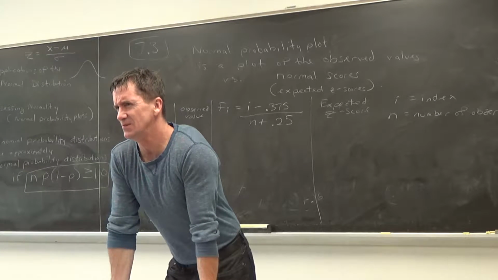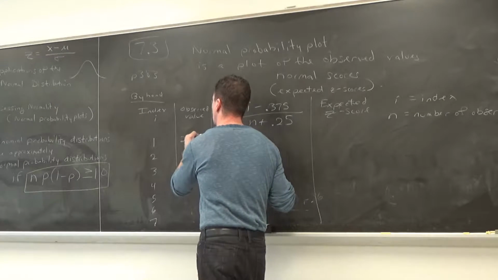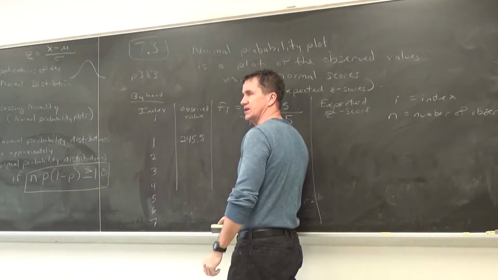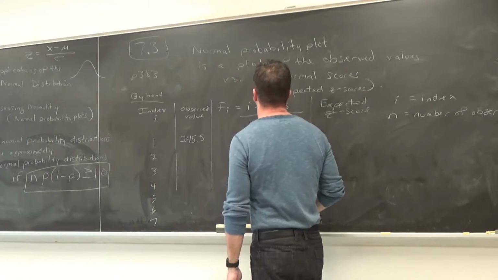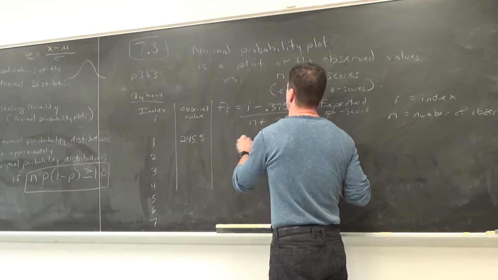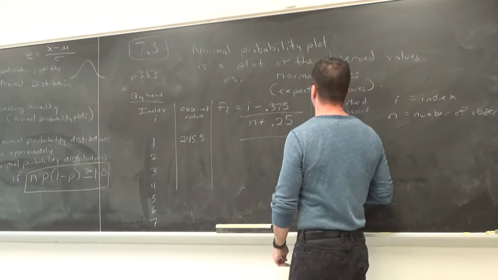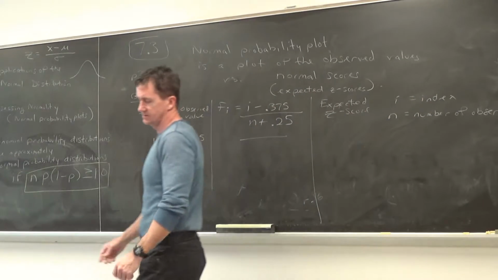Is that right, Angela? 245.5. Let's pretend someone had 245.5 days for gestation period, or 246. And you did all this math, and there are a bunch of observations. But how can I get the expected z-score for that?